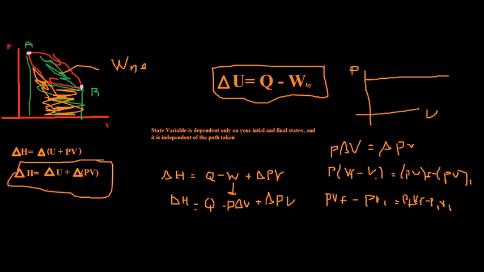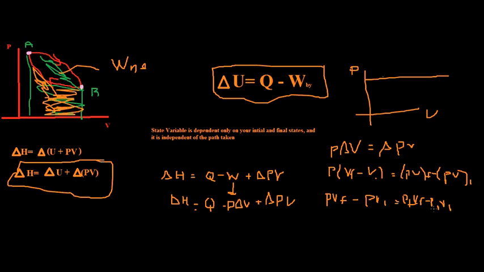If the pressure is kept constant, that means P final equals P initial.